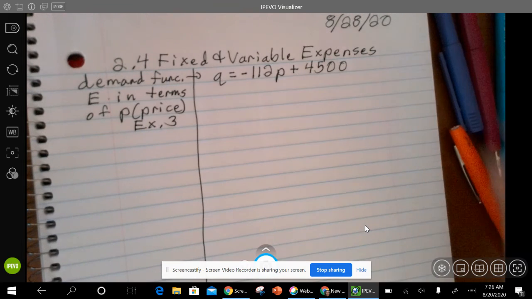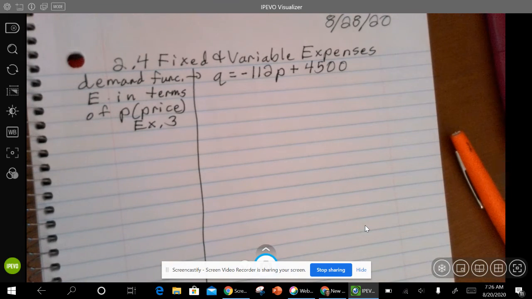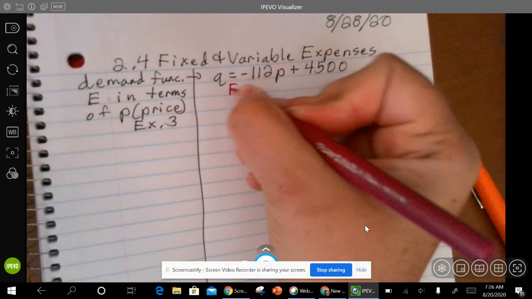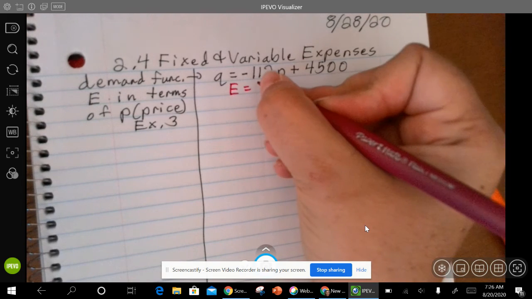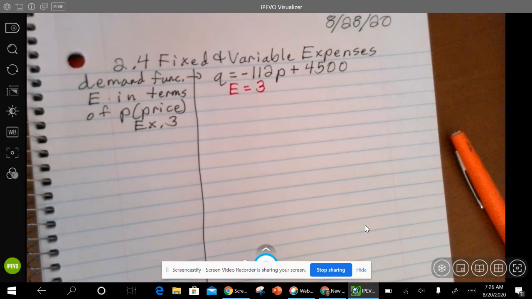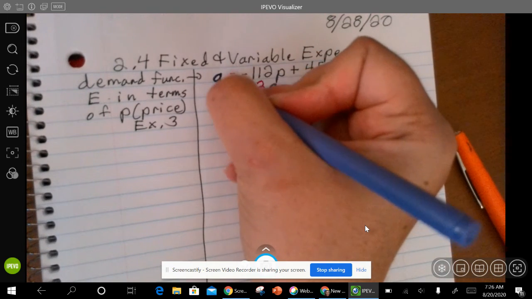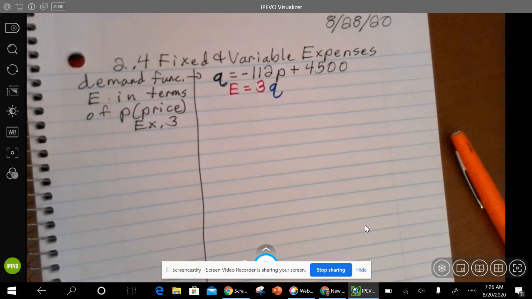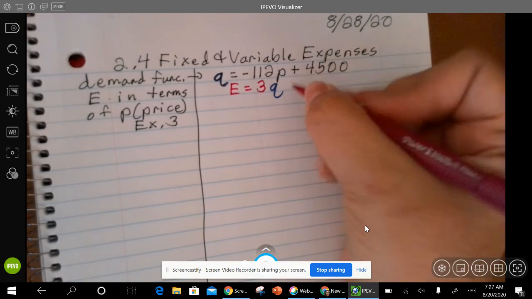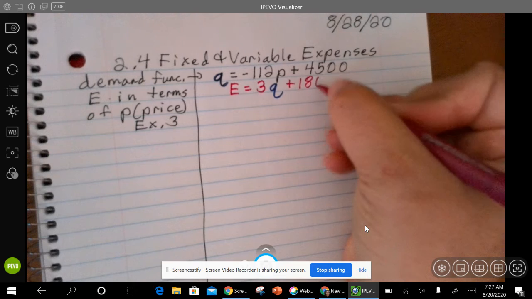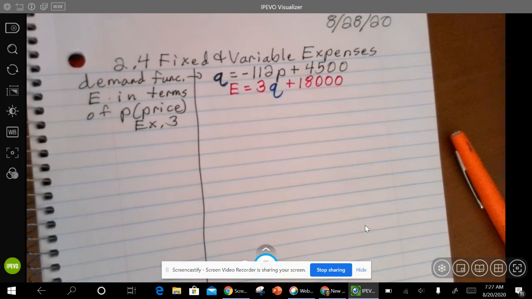So our expense function is going to be the expenses equal to $3 times our quantity. Okay, this is our quantity right here. Plus 18,000. So 18,000 is our fixed cost.